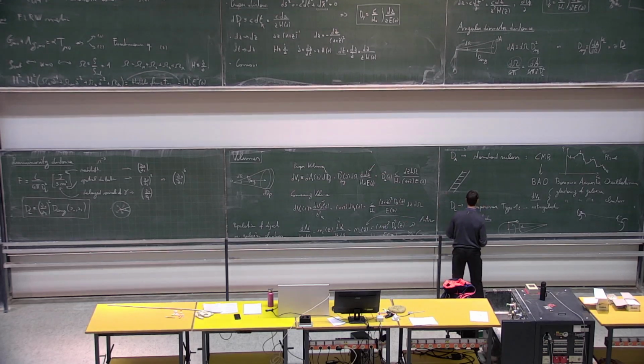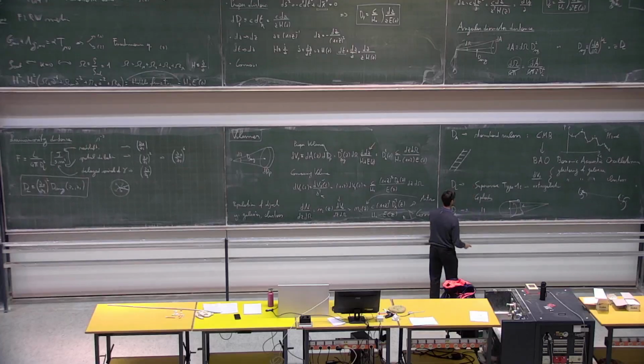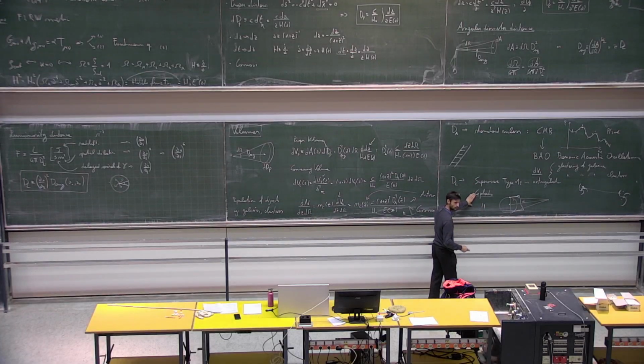So we start with the Cepheids and the angular diameter and astrometry. So we are using the parallax. So we start with the parallax. We go further away, and we can measure the distance of this Cepheid.